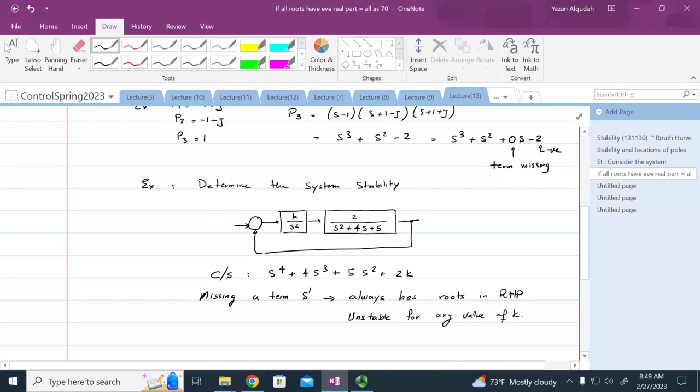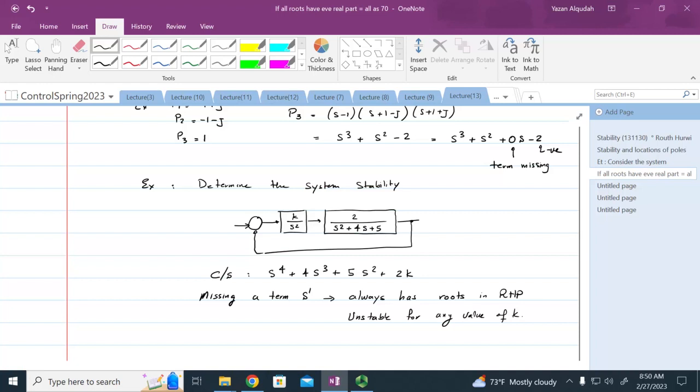Is that clear? If you input like an integrator, would that make it stable? No. Like 1 over s? Well, 1 over s is a unit step. This will be unstable for any input that is bounded. Any bounded input, this system is unstable.